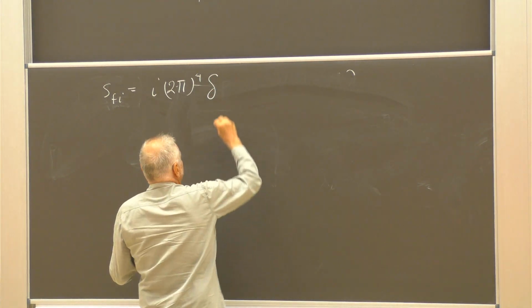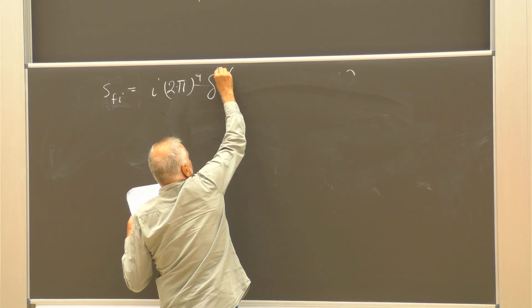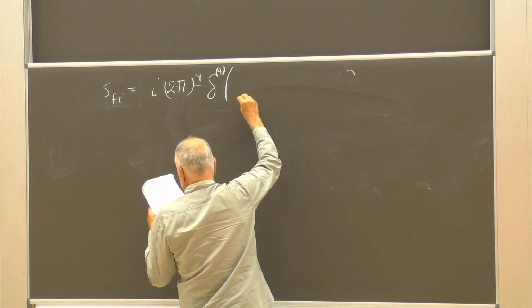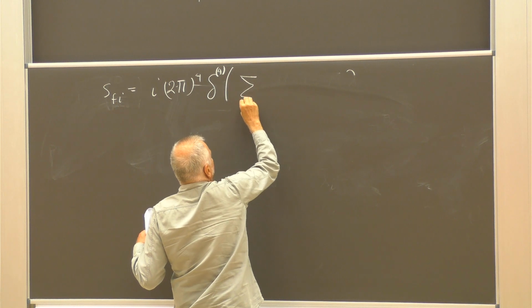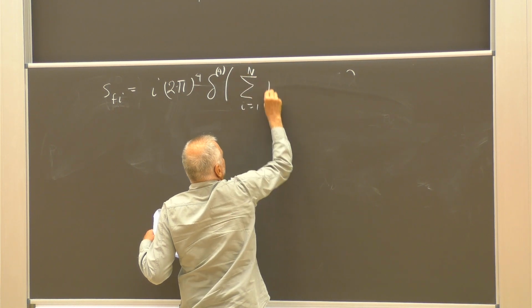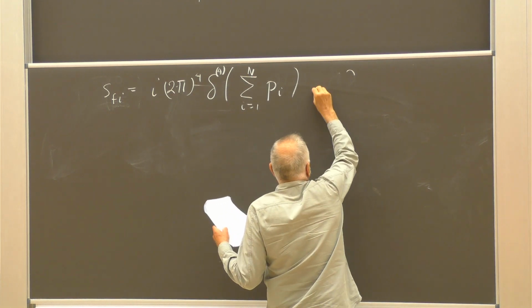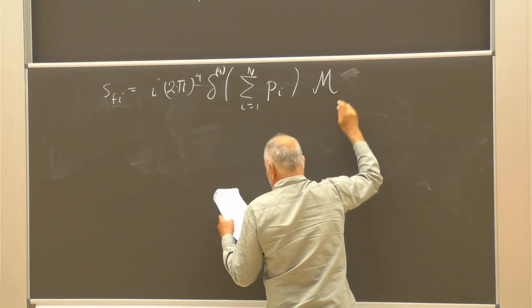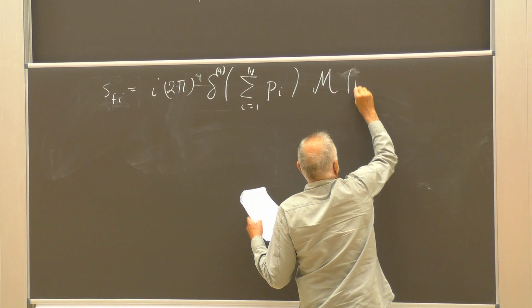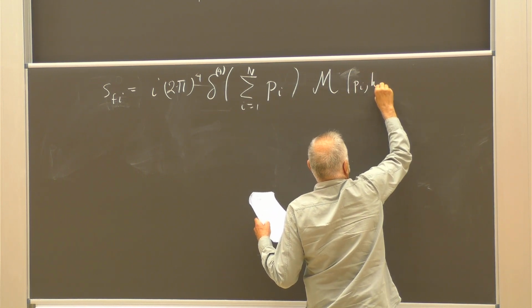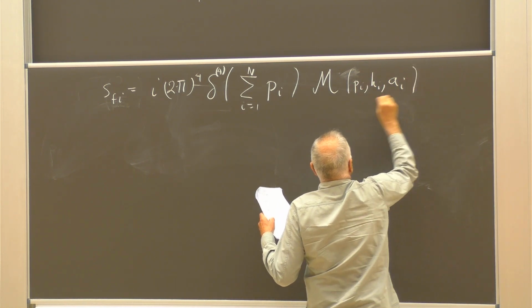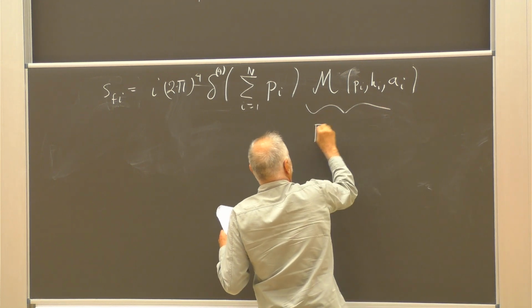In this case, there's a sum over all four components of the momenta. And then what is left here is the real stuff. It's called the matrix element, which of course depends on all momenta, helicities, and gauge charges. And this is the so-called Feynman matrix element.